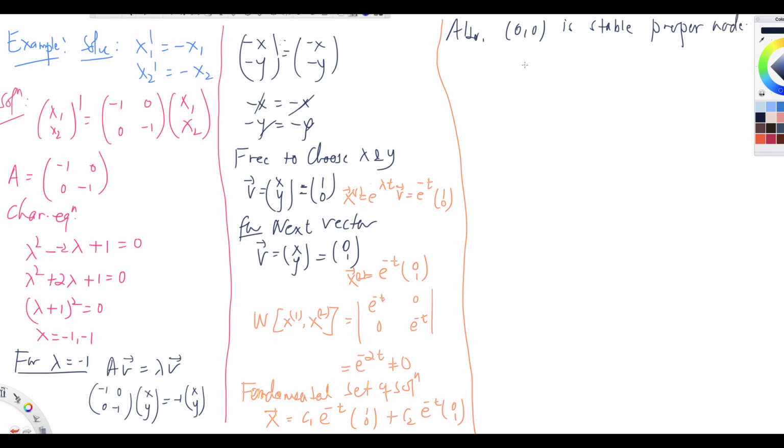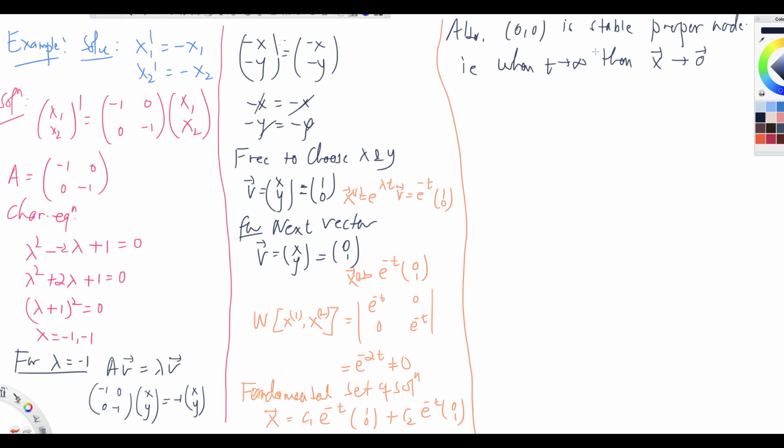How do we know that it is stable? Because lambda is negative 1. Or you can see that when t tends to infinity, vector x tends to vector 0, that means (0, 0). It will go to the origin. That's why it is a stable proper node.